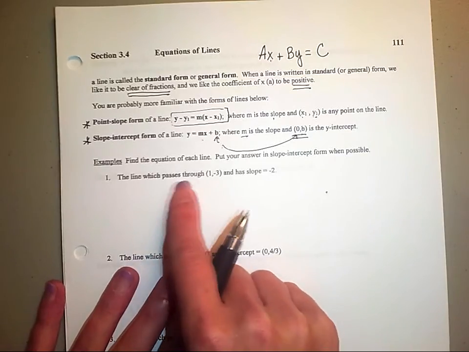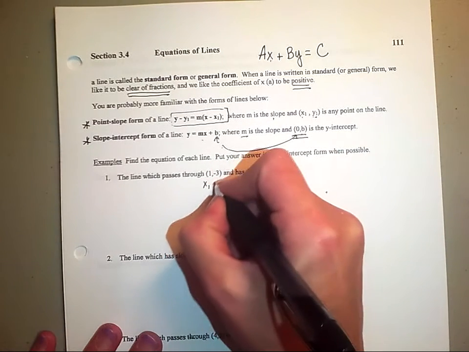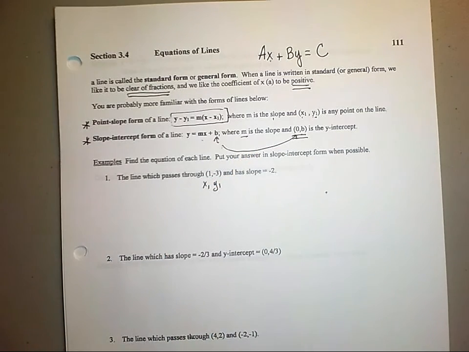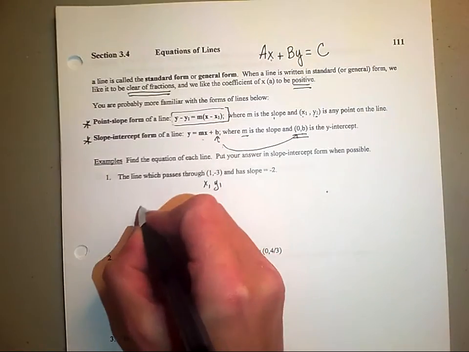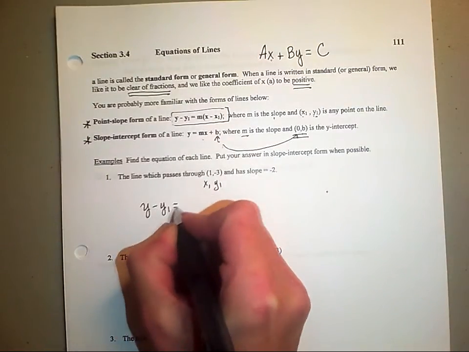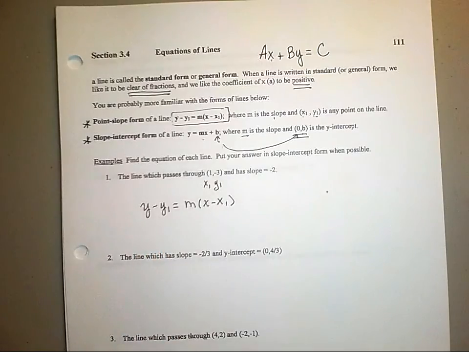So we have a line that passes through the point (1, negative 3), so this is our x1 and this is our y1, and has a slope of negative 2. Okay. So we'll use our point slope form, which is y minus y1 is equal to m times x minus x1. Okay.